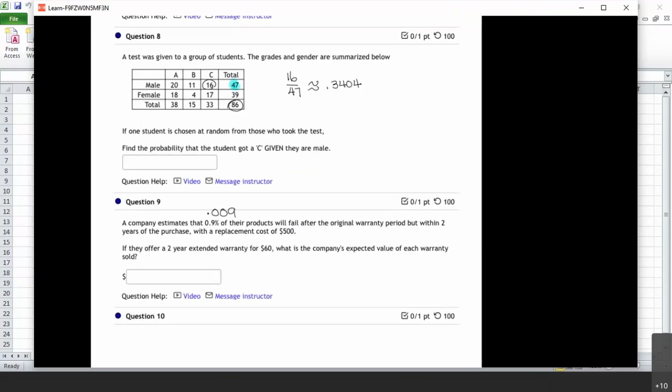Okay. So expected value. First, let's consider what our alternatives are. We have the probability that our product fails. So the value, let's do it like this, value and then probability.